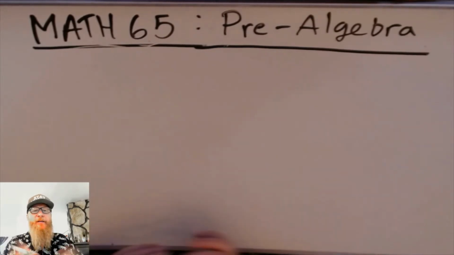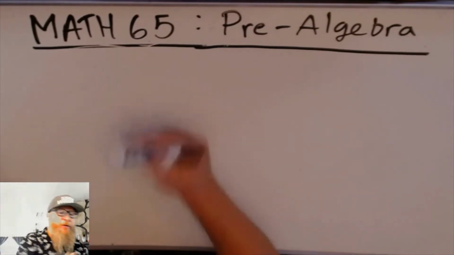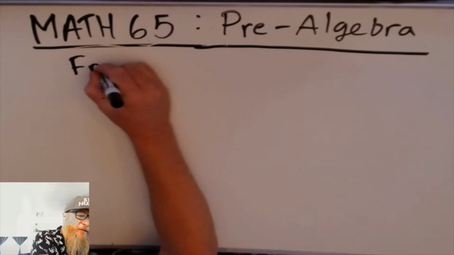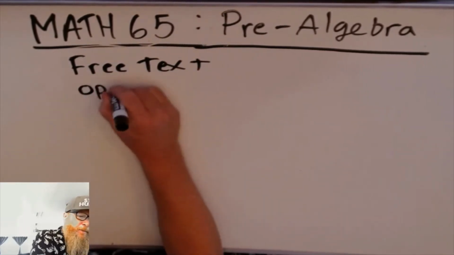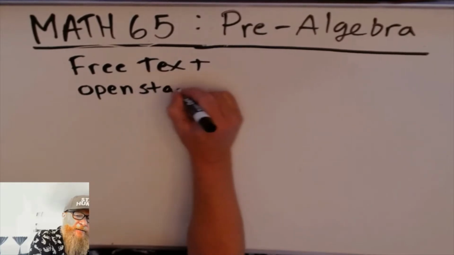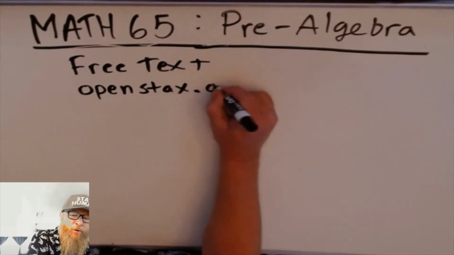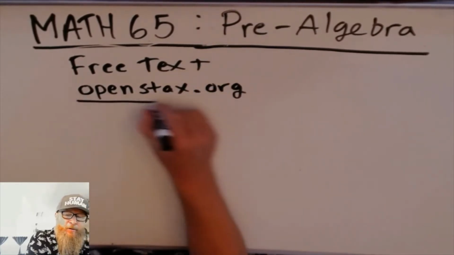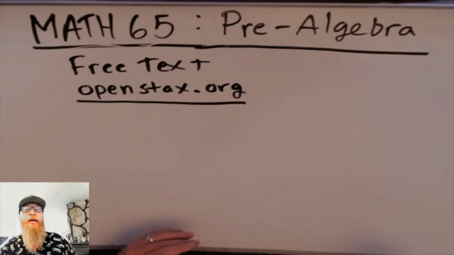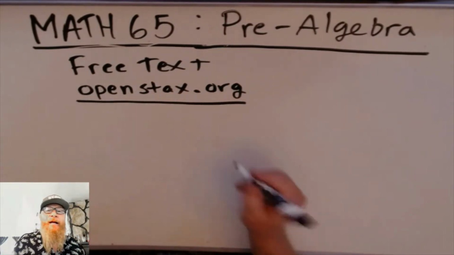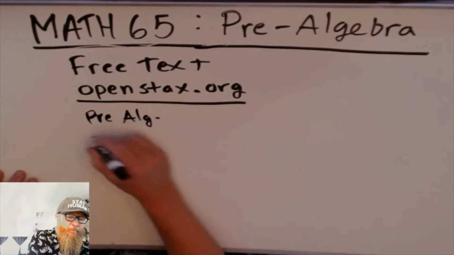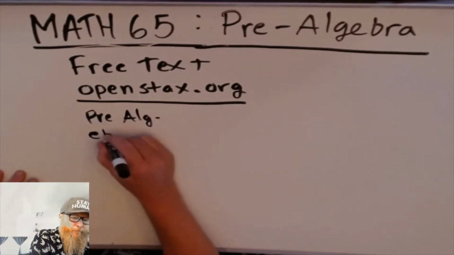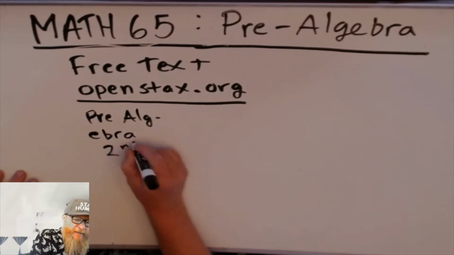I'm just going to go ahead and start with the good news. The good news is that the textbook is free online. Just go to openstax.org, or I think you can go to openstax.com if you forget, and it should be free. Pre-Algebra, second edition.